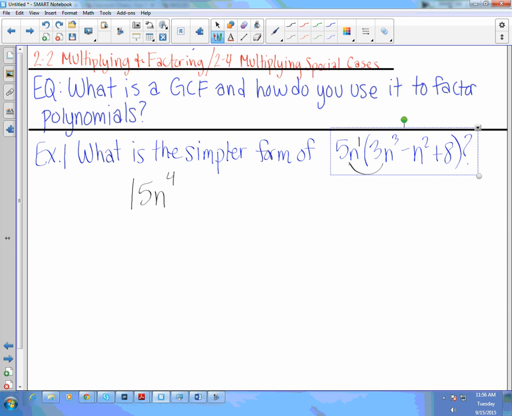Now we have to distribute 5n times negative n squared. That's negative 5n cubed. Remember, when we multiply, the exponents need to change. When we add, it doesn't change.